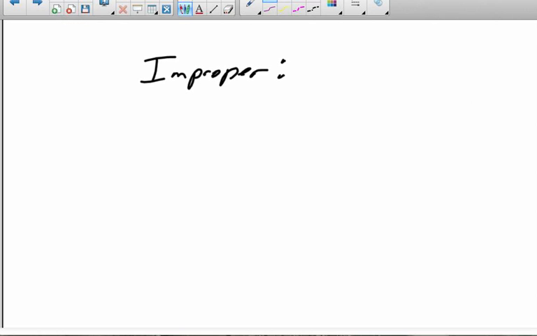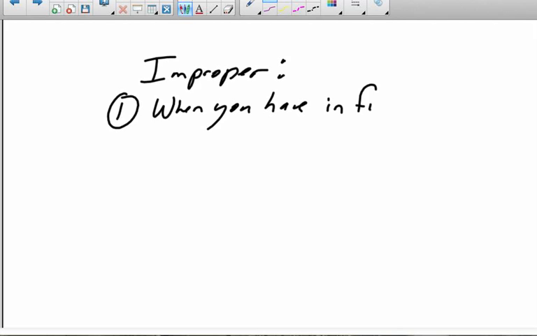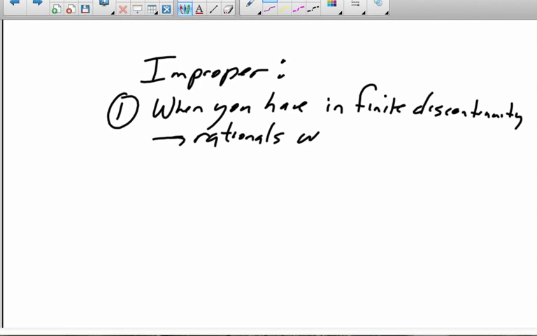Improper integrals can show up in several places. First one, when you have an infinite discontinuity. And these usually are rationals, not always, but usually rationals where the denominator equals 0.